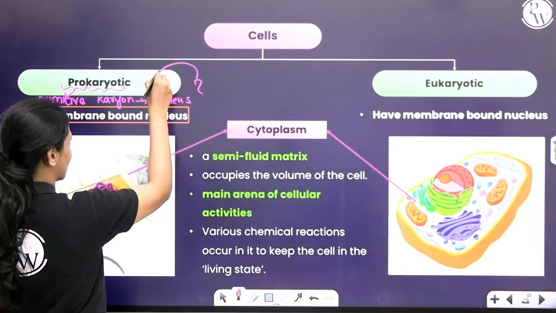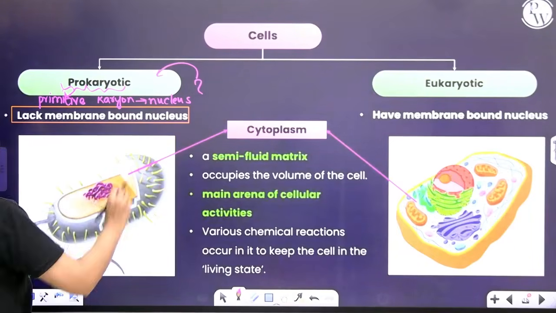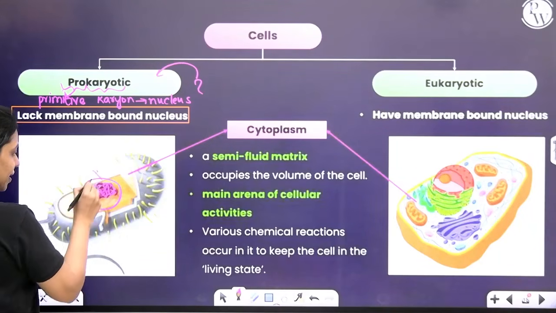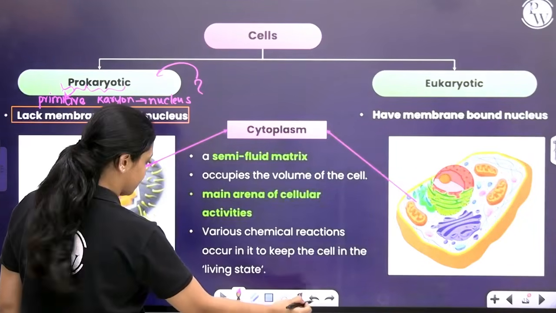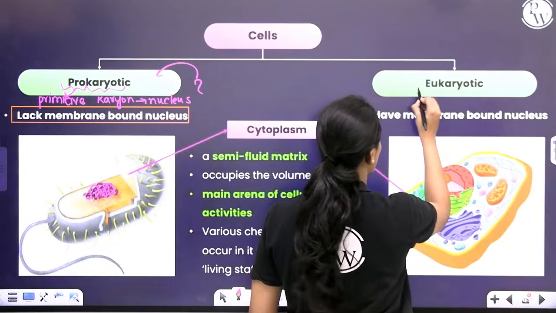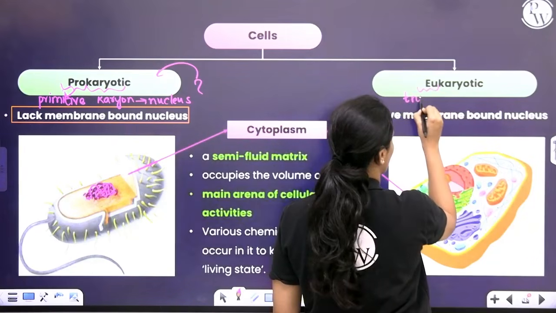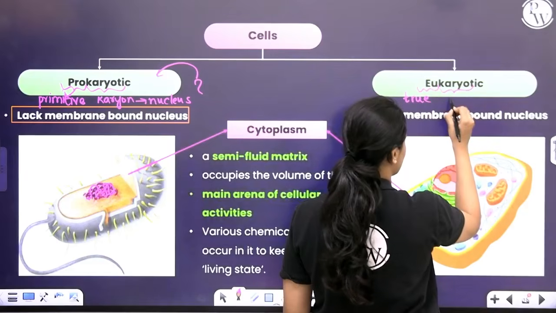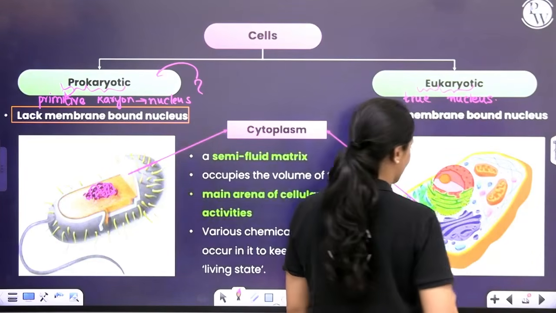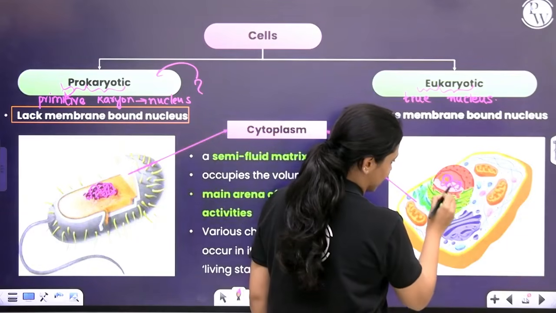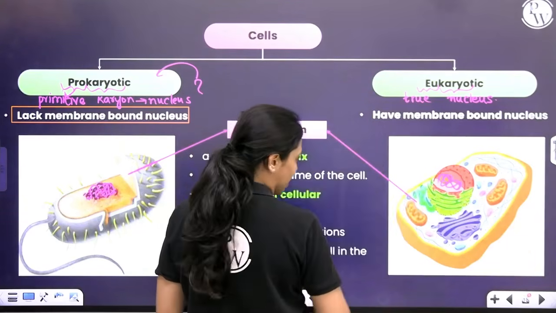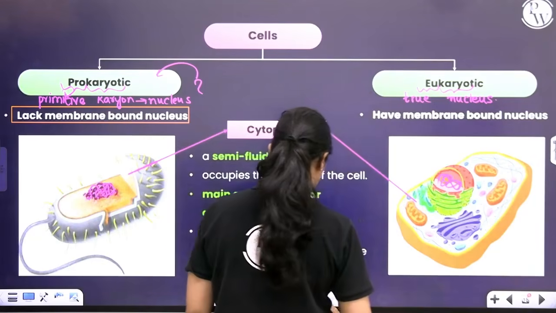What is the characteristic feature of these organisms? There is DNA, but around this DNA, there is no membrane. What about eukaryotic cells? Eu means true. Karyon again means nucleus. The difference here is, you have the genetic material inside, and this genetic material is surrounded by a well-defined nucleus. Let me use a different color.